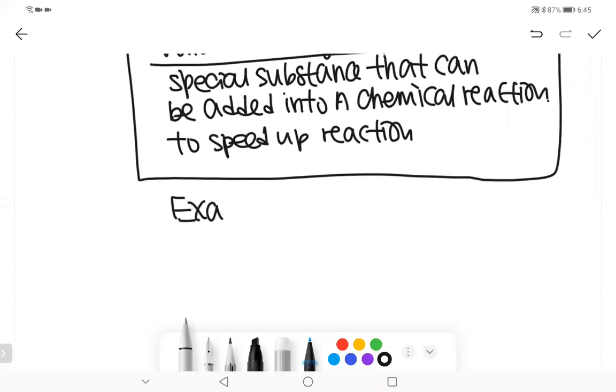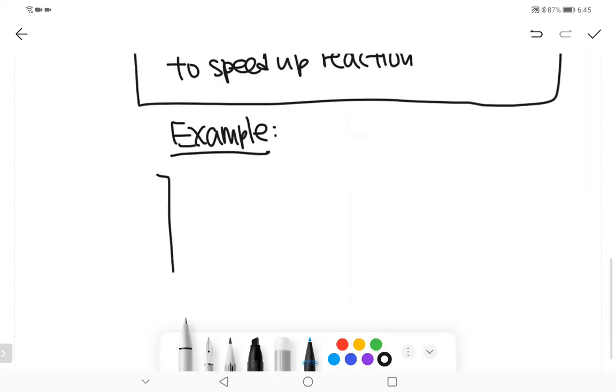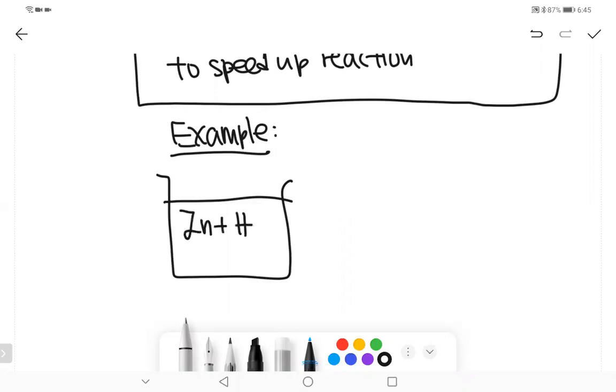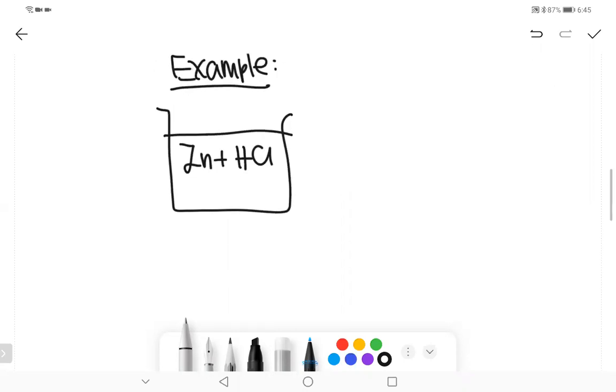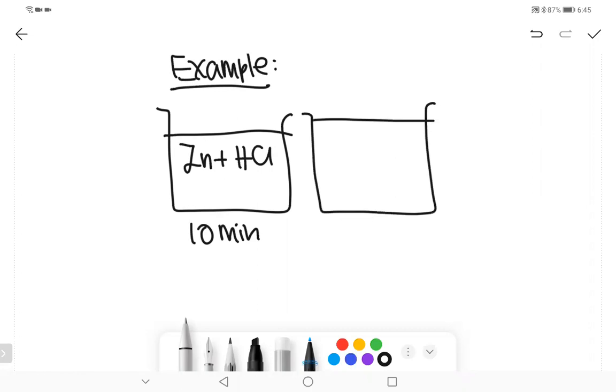For example, let's say initially this is a reaction with zinc and hydrochloric acid. This reaction takes 10 minutes to react. Now I have zinc and hydrochloric acid, and I add a special substance called copper sulfate. The copper sulfate is a catalyst.